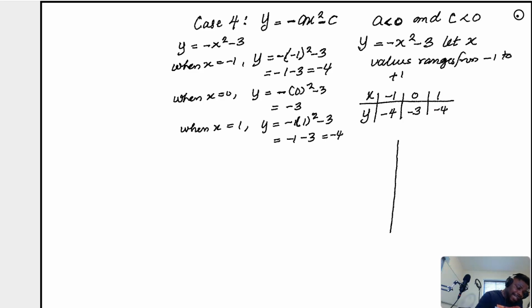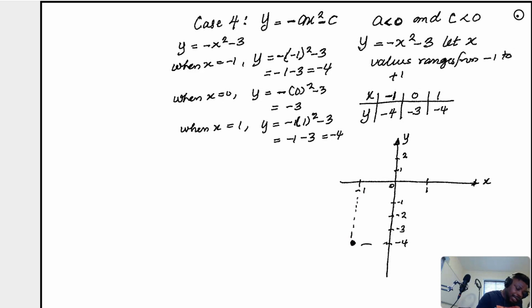So in that case, I have y and x. So 0, this is 1, and this is -1. This is -1, -2, -3, -4. 1 and 2. When x is -1, y is -4.